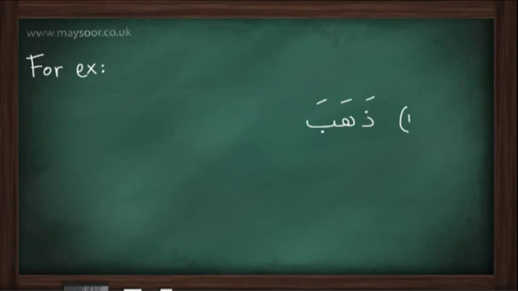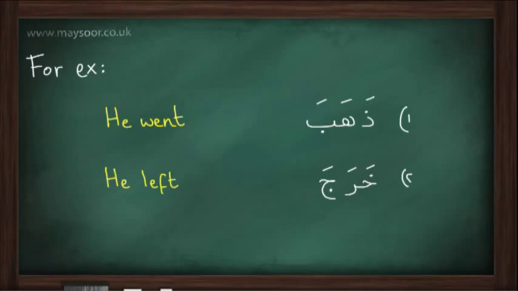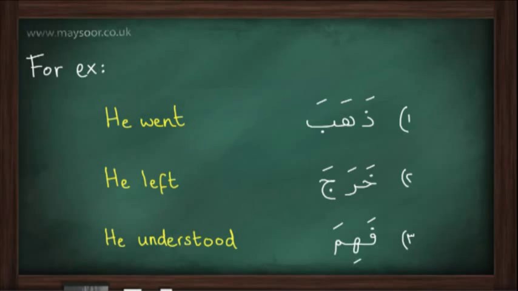Number 1, ذهب, which means he went. Number 2, خرج, which means he left. And number 3, فهم, which means he understood.